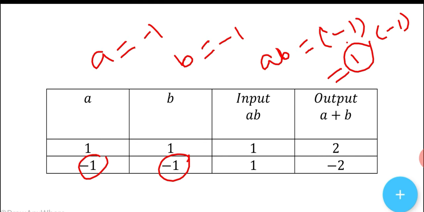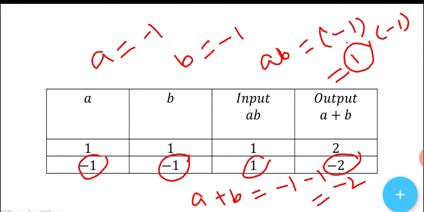Minus into minus is plus, so input is plus 1. Output a plus b equal to minus 1 plus minus 1, so minus 1 minus 1 is minus 2. So the output is minus 2.